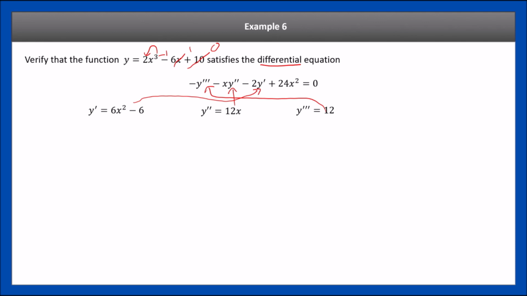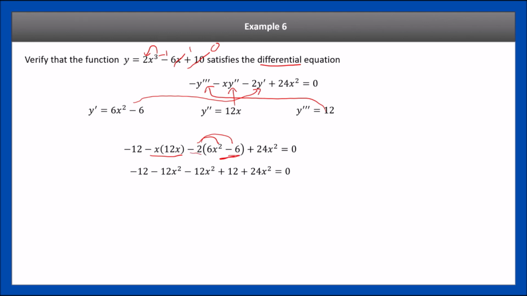By doing that, we get negative 12 minus x times the second derivative, which is 12x, minus 2 times the first derivative, plus the 24x squared that was just hanging out there. Now this is going to be negative 12x squared, and this is going to distribute. So I get negative 12 minus 12x squared minus another 12x squared, and then this double negative here makes that plus, because we got these 2 negatives there.